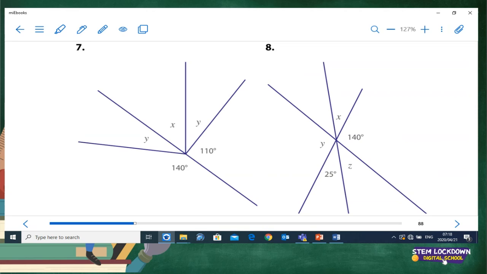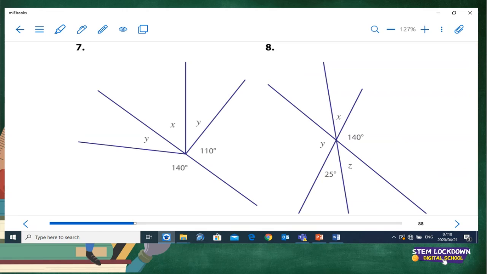That is what we can see in this diagram. x and 25 are vertically opposite angles. And what did we say about vertically opposite angles? We said that vertically opposite angles are equal. But at the same time, you can also see that angle y there and angle 140 degrees, those are also vertically opposite angles.